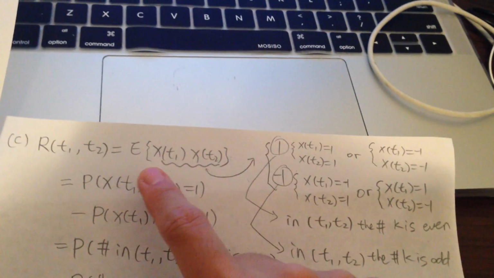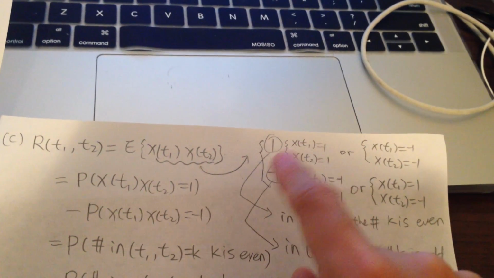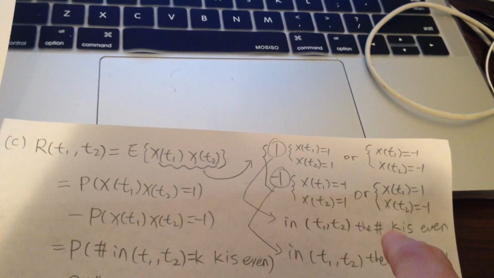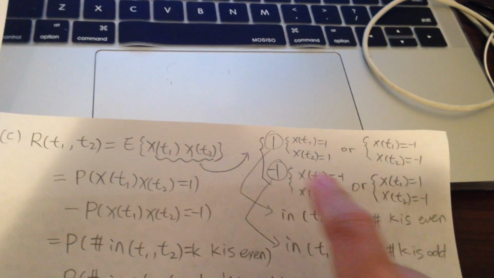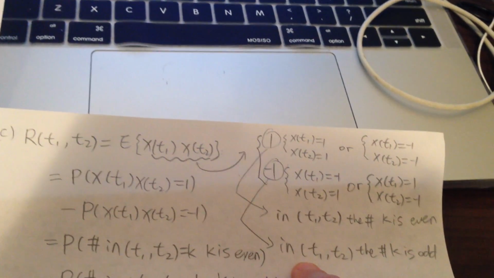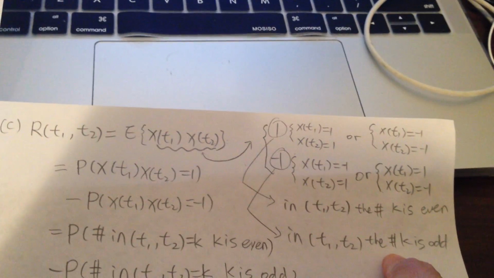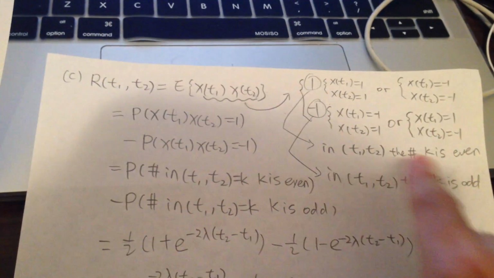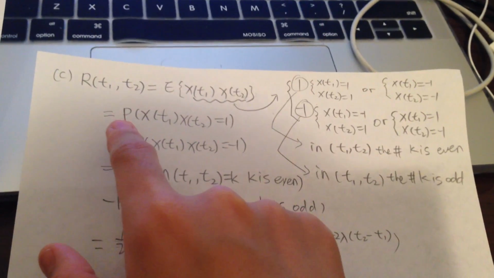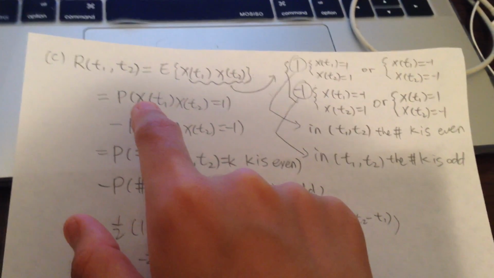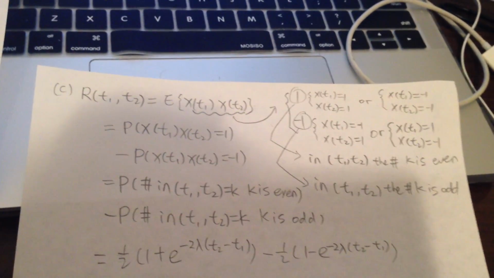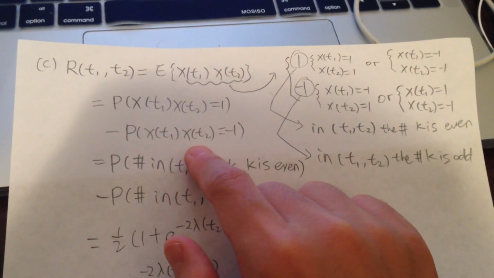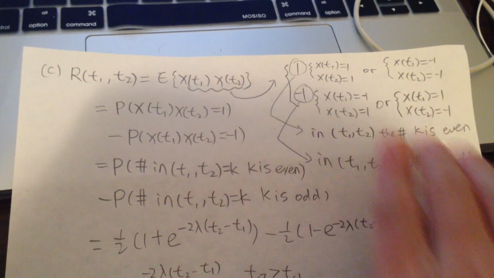If their product equals 1, that means the number of arrivals between T1 and T2 is even. For minus 1, the number of arrivals between T1 and T2 is odd. So this expectation equals the probability that X(T1) times X(T2) equals 1 minus the probability that X(T1) times X(T2) equals minus 1.